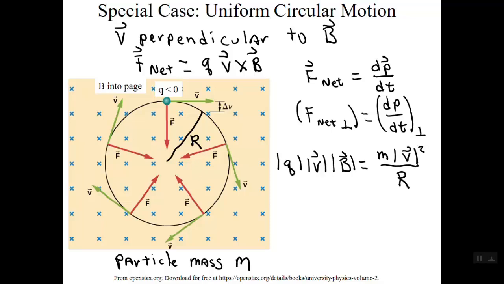Then the magnitude of F net is just the magnitude of the magnetic force, the product of the magnitudes of Q, V, and B, since V and B are perpendicular. And that's equal to the magnitude of dp dt perpendicular, which is the mass m times the speed squared divided by r. We can solve this expression to find the result for the radius r.